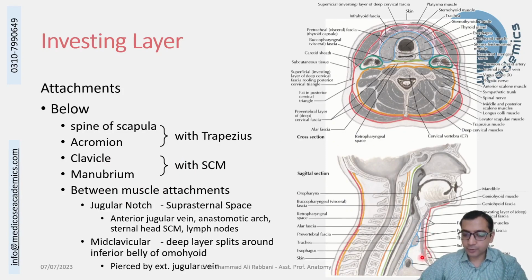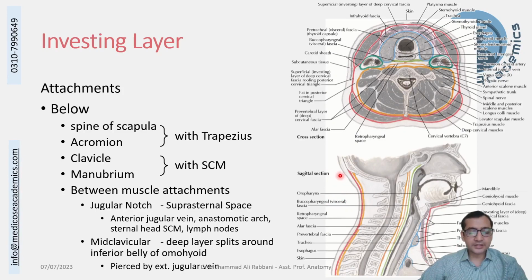When it is attaching to the manubrium sterni in the jugular notch, the two fascia attach and form the suprasternal space of Burns. Here it contains a few structures, mostly the internal jugular vein and its communicating arch, and the points of insertion of sternocleidomastoid along with some lymph nodes.